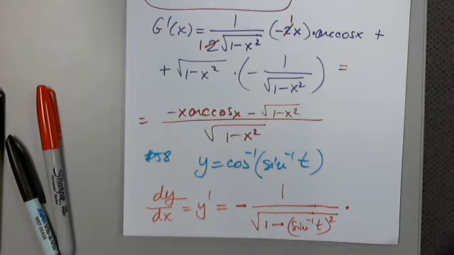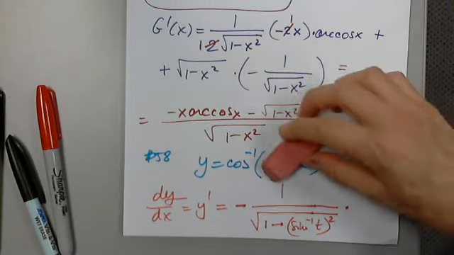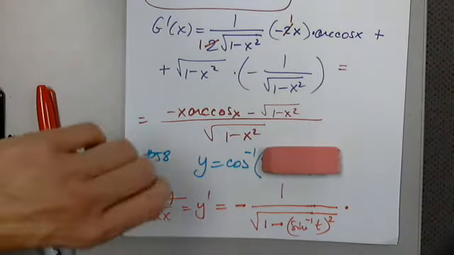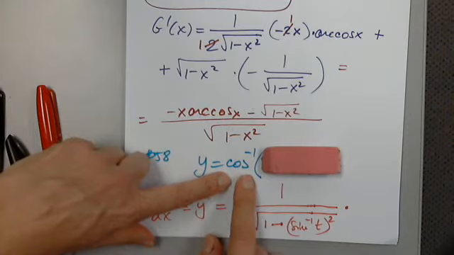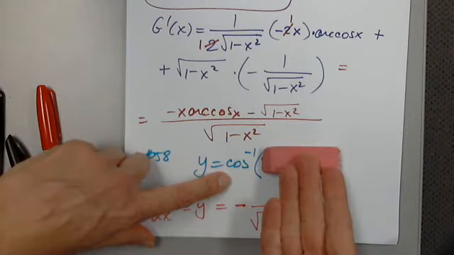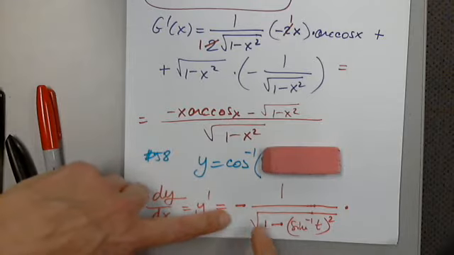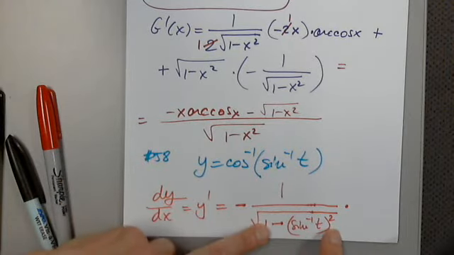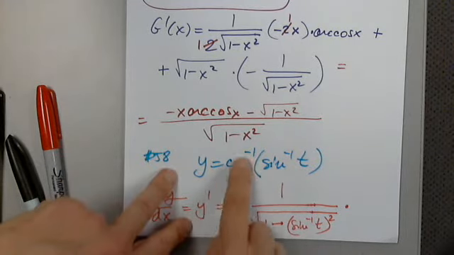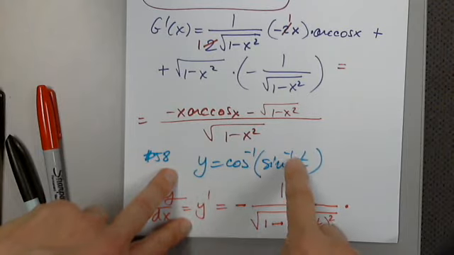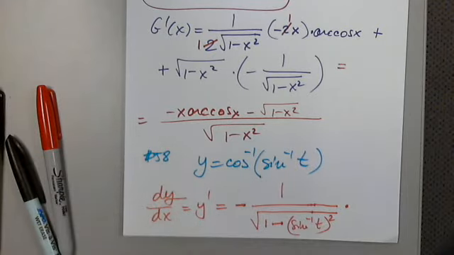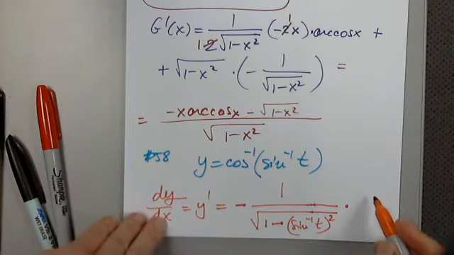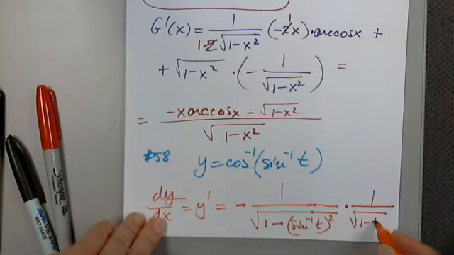So let's do this together. Okay? So I have to differentiate cosine inverse of something, right? It's negative 1 over the square root of 1 minus that something squared. But it happens that this is sine inverse t, so that's what I have to write. So I differentiated this, but now I have to multiply by the inner function prime. What is the inner function prime? It's the positive 1 over the square root of 1 minus t squared.